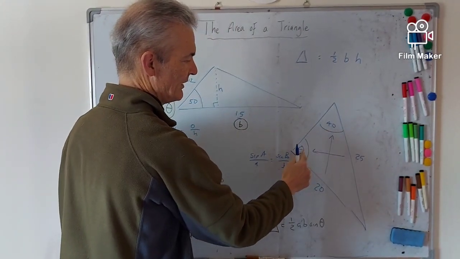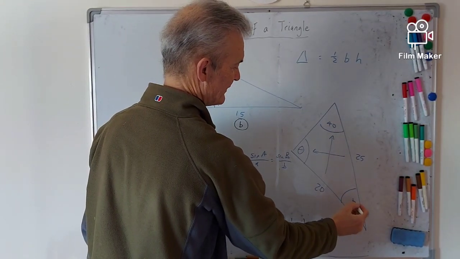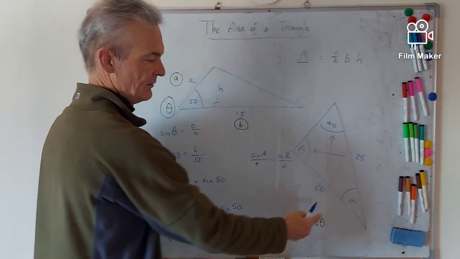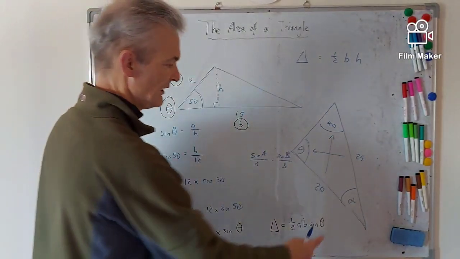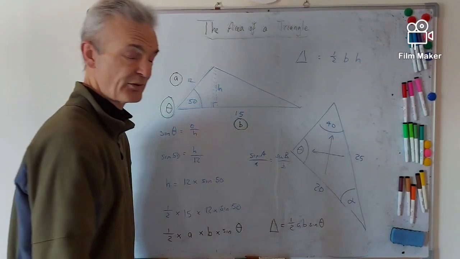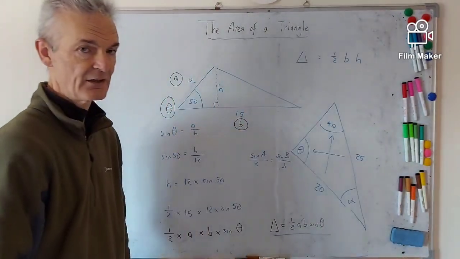We'd have two angles that we know. We could then find, call that one alpha. We could then use the fact that we know that angles in a triangle add up to 180, and we could find this angle. And once we've got that, we can then use our formula to work out the area.